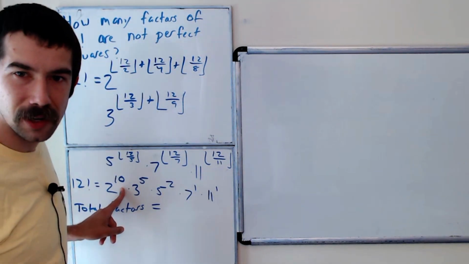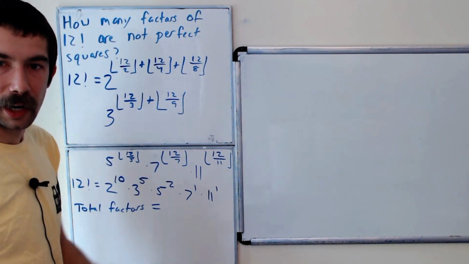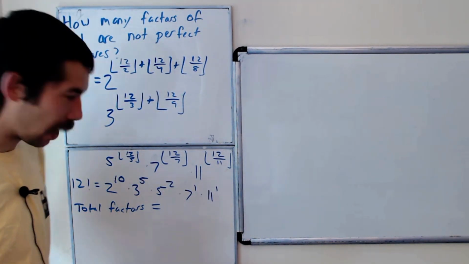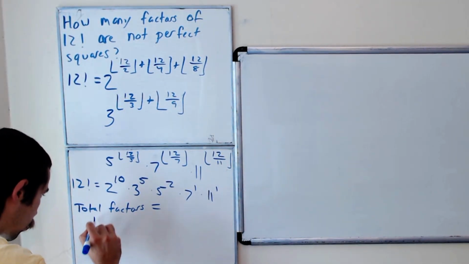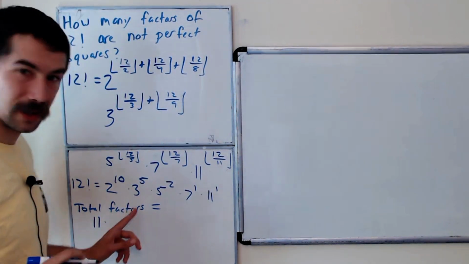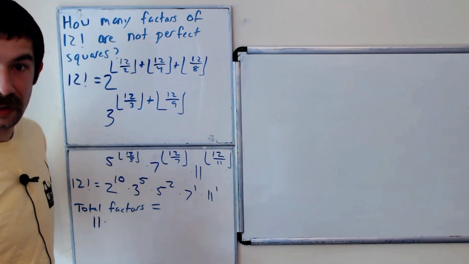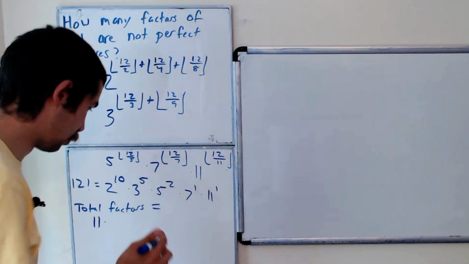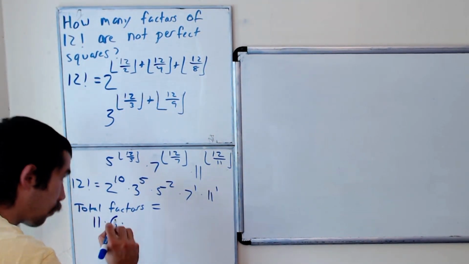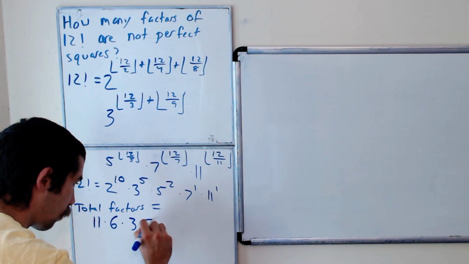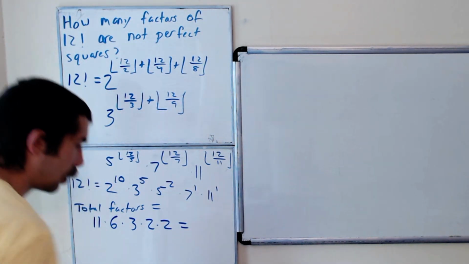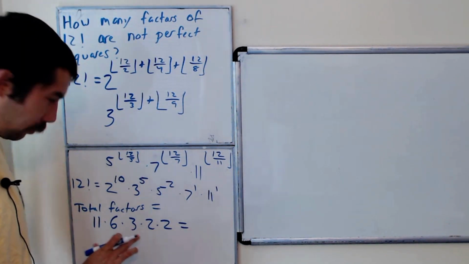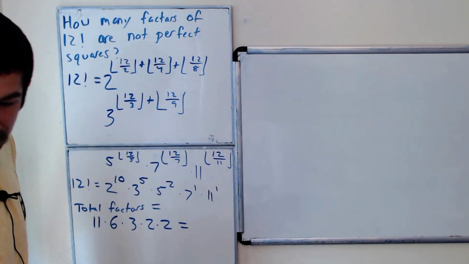Okay, how many options are there for the exponent of 2? It could be 0, 1, 2, all the way up to 10. That's 11 options. How many options are there for the exponent of 3? There's 6, right? It's 1, 2, 3, 4, 5, or 0. Okay, so the total number of factors of 12 factorial is 792.